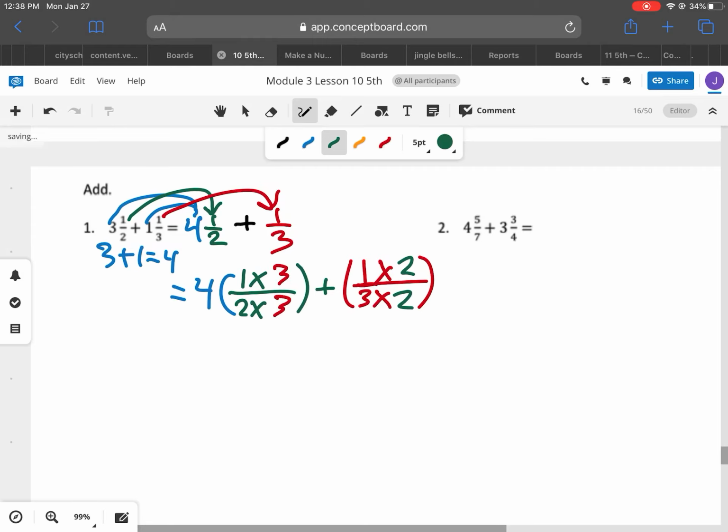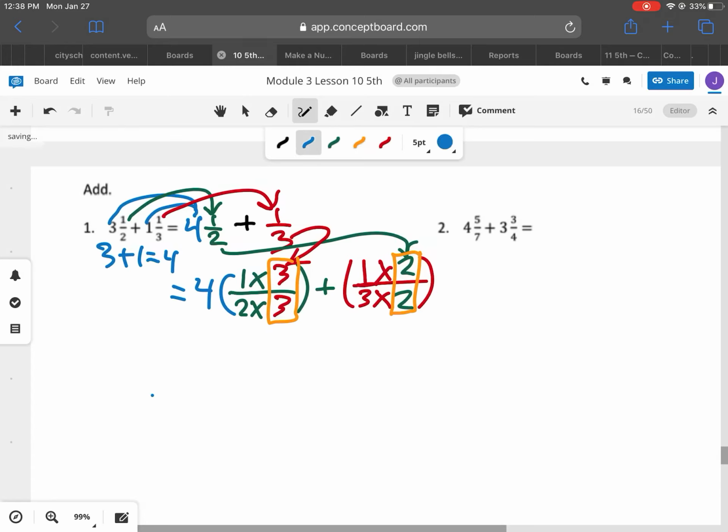Okay, so hopefully you see that we're taking this, putting it here, and taking this one and putting it here. Okay, and I also hope you see that it's the same number that we're multiplying the top and the bottom. 3/3 is equal to 1. 2/2 is equal to 1. So we're just basically multiplying times 1. So we're going to get an equivalent.